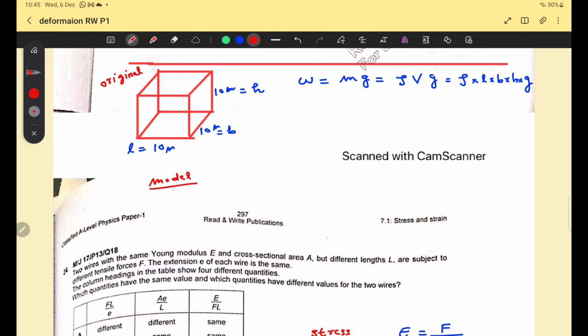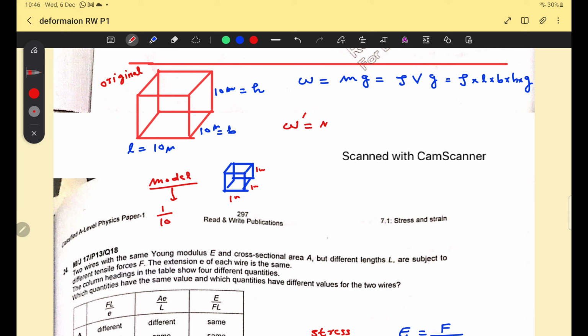The model is made of the same material, but all dimensions are reduced by 1/10. If all dimensions are reduced by 1/10, then obviously length, breadth, height will be reduced to 1 meter, 1 meter, 1 meter.